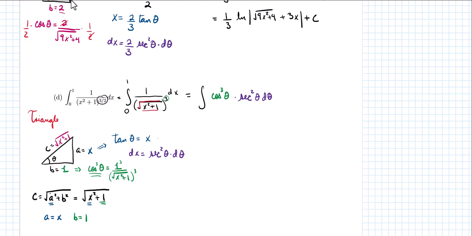Well, let's think back to the way that we defined the x. We defined the x to be the tangent of theta. So if I take the tangent inverse of both sides of the equation, I can get theta by itself. Taking the tangent inverse, theta is equal to the tangent inverse of x. Perfect. Now we have an equation for theta in terms of x.